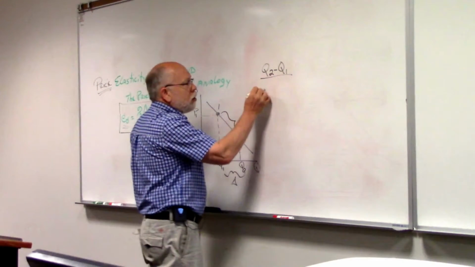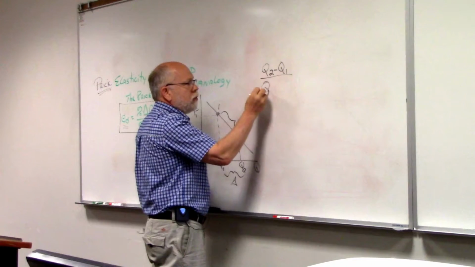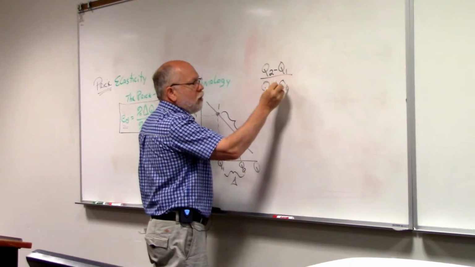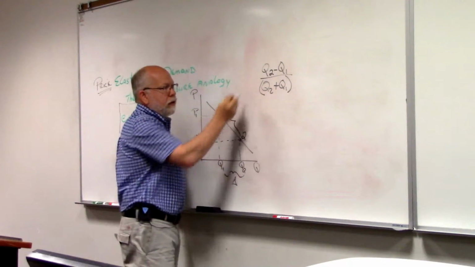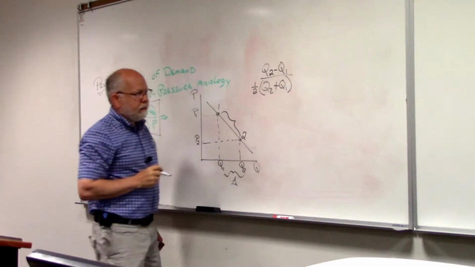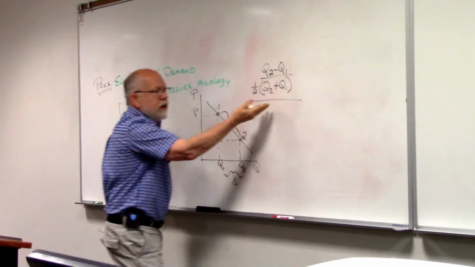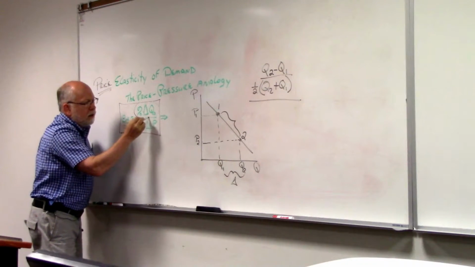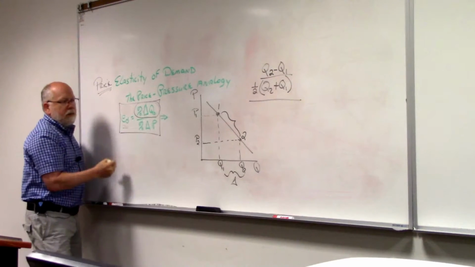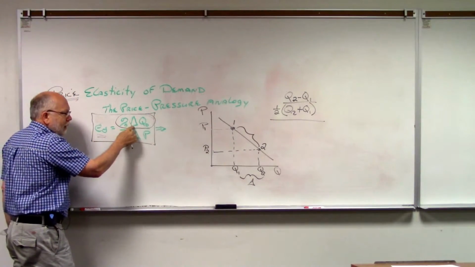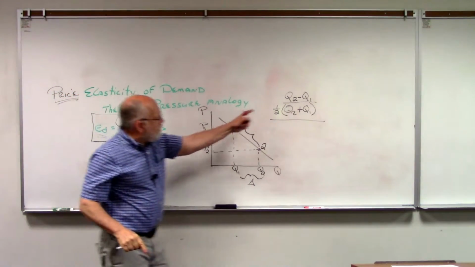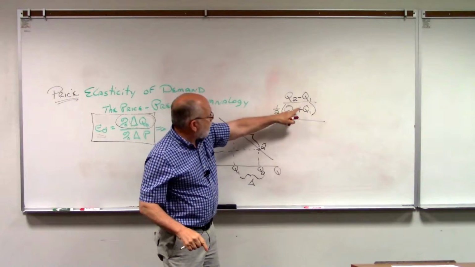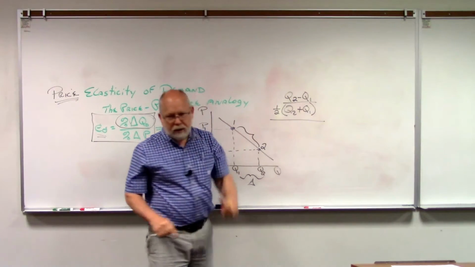So that would be Q2 plus Q1 divided by 2, and I'll just say multiplied by 1/2. Now, what is above this line is percent change in quantity demanded.